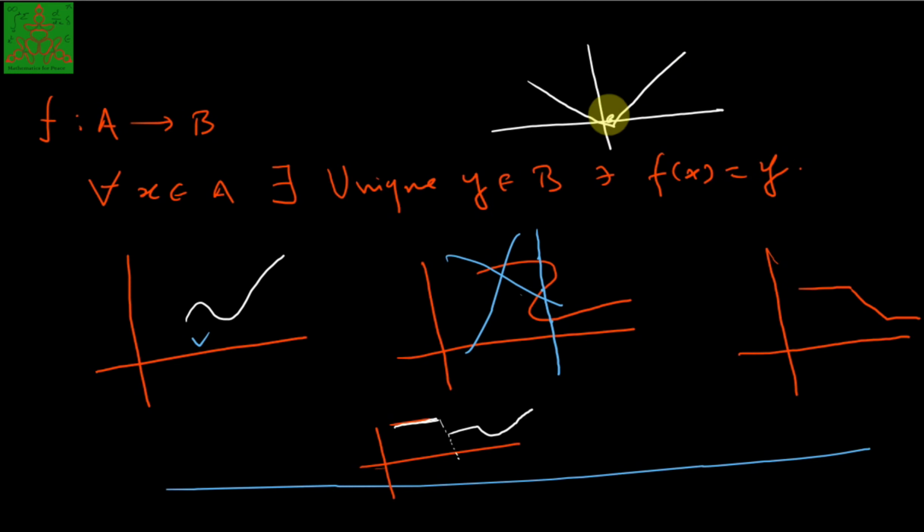There is a plotting error of mine here, but this is the point 0. At the point 0, the function f of x equals mod x is not differentiable.